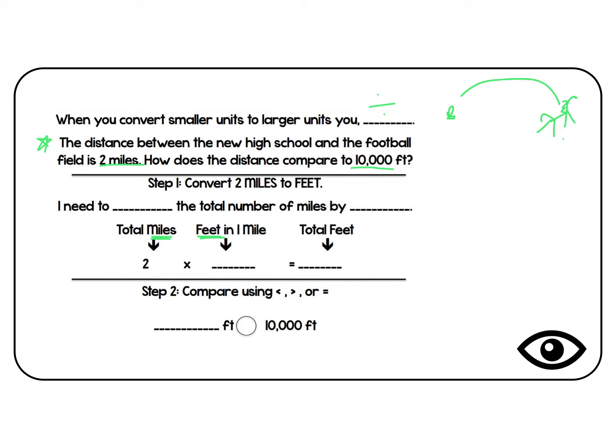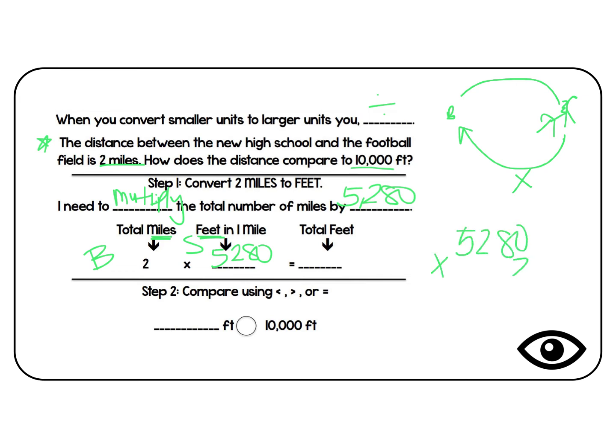So we are going from something big to something small, and when we go from a horse to a fly, we multiply. So we need to multiply the total number of miles by 5,280, because there are 5,280 feet in 1 mile. I'll write that to the side.